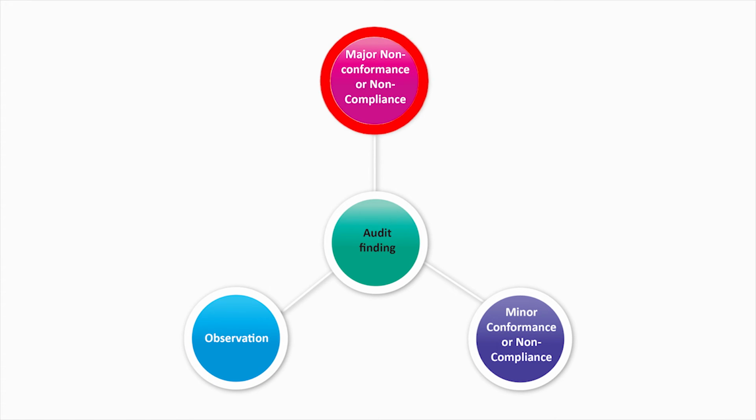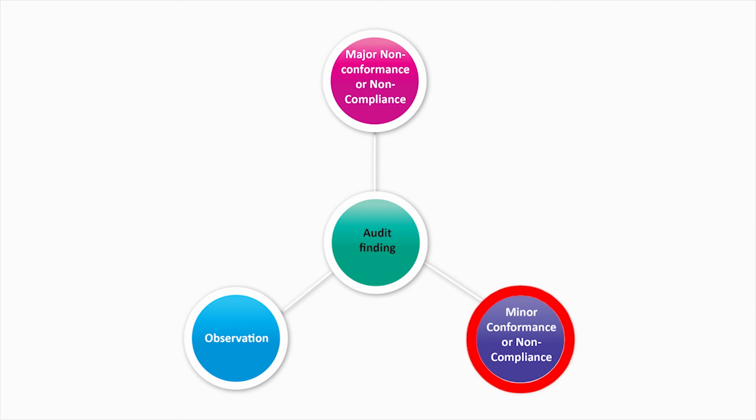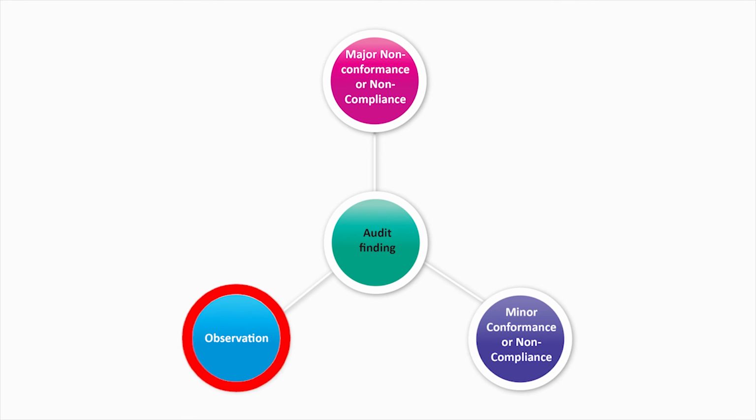Major non-conformance or non-compliance is actually due to absence or total breakdown of a required process, while minor non-conformance or non-compliance is due to a minor lapse in the system's ability to meet the requirements of the standards, but the overall process still functions as required.